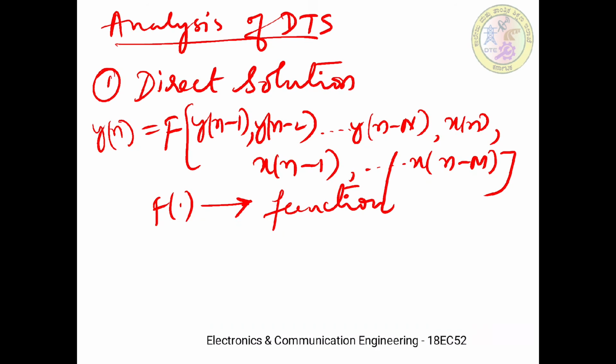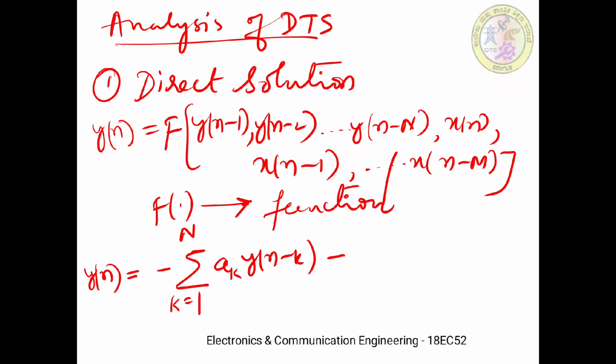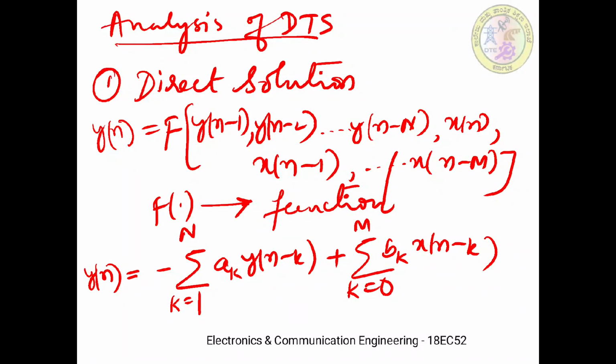Now, specifically for an LTI system, y of n is described as minus the sum for k from 1 to N of a k y of n minus k, plus the sum from k equal to 0 to M of b k into x of n minus k. That is the direct solution specifically for an LTI system.